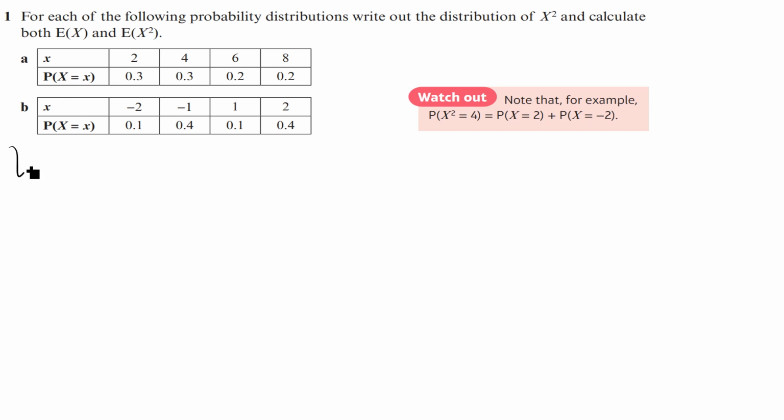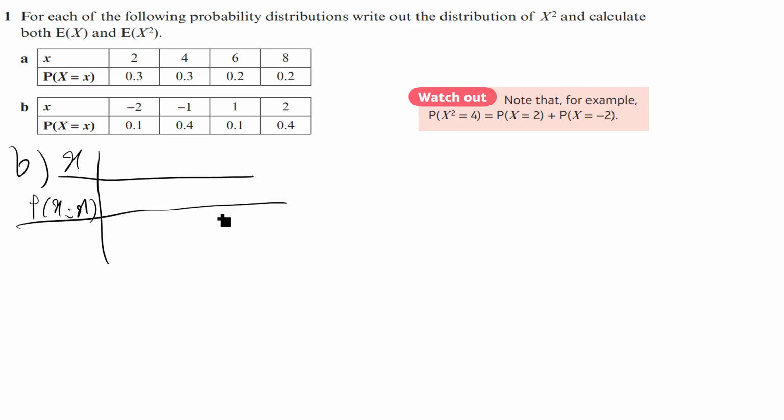Okay, in part B, we do exactly the same thing, and again, we need to construct a table. So let me do it quickly. X squared again, and here p of x squared equals x squared.